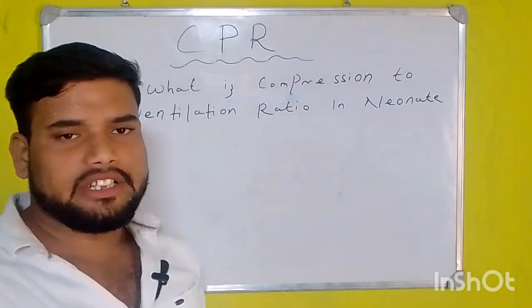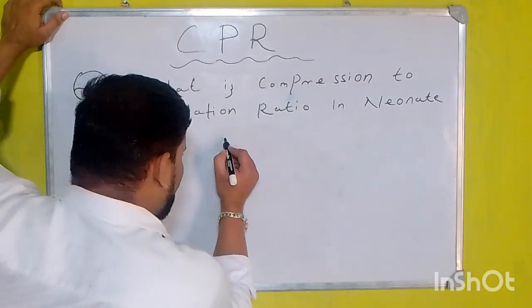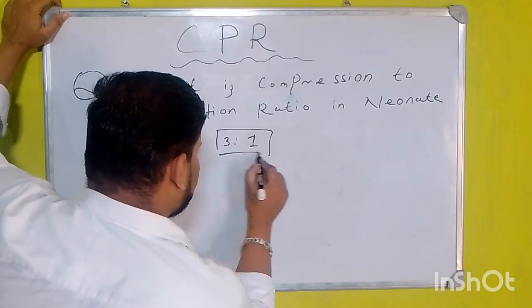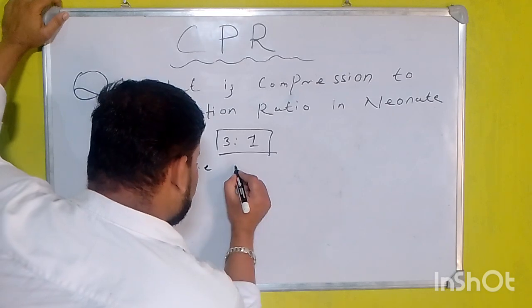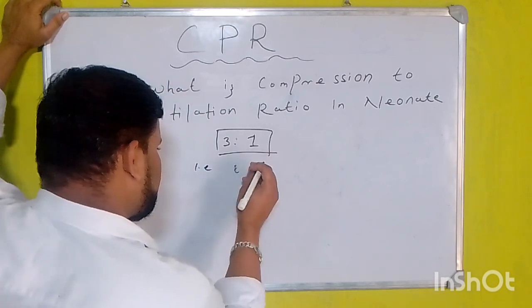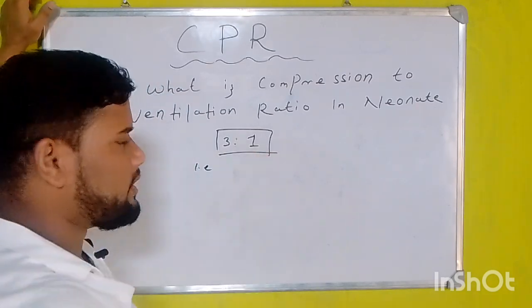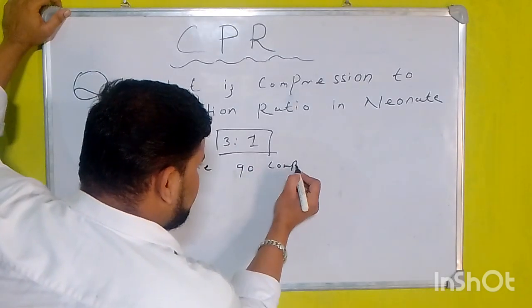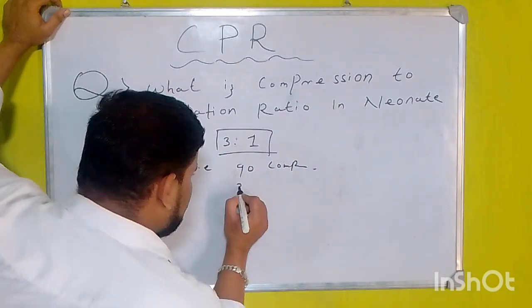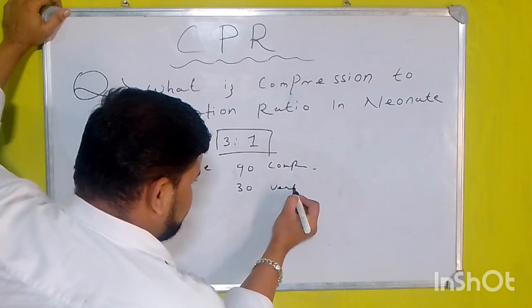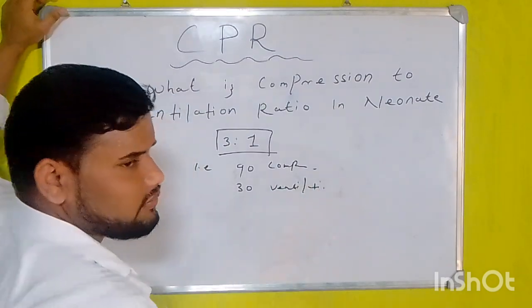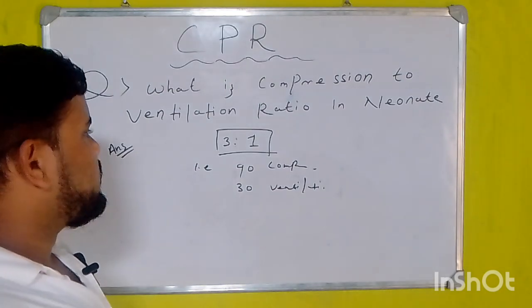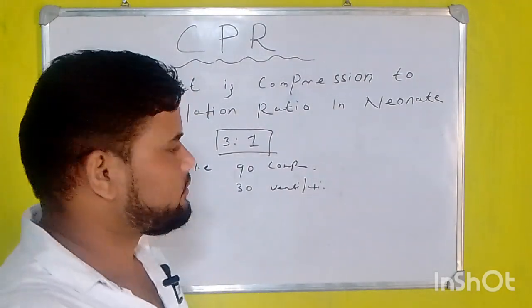The answer should be 3:1. That is 90 compressions and 30 ventilations. This is the most important question.